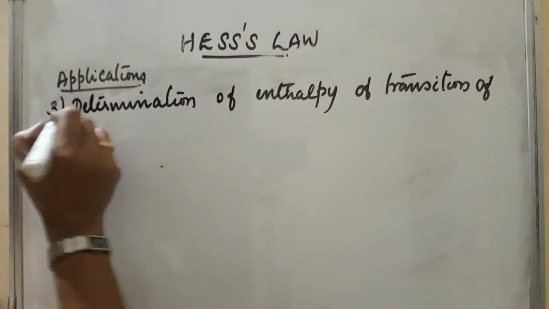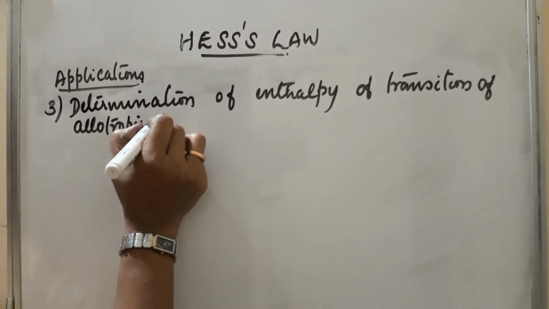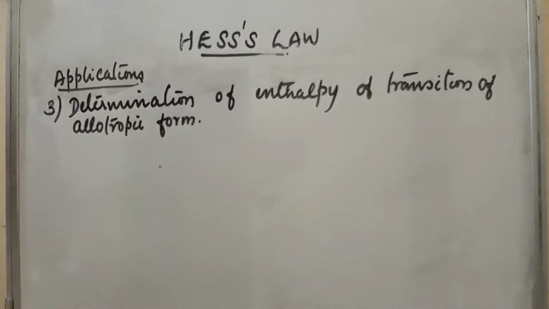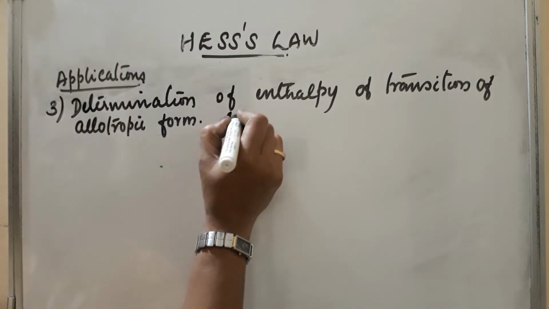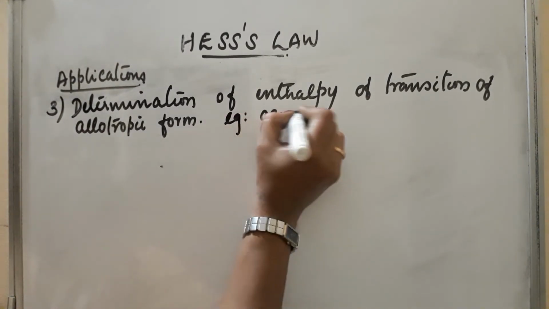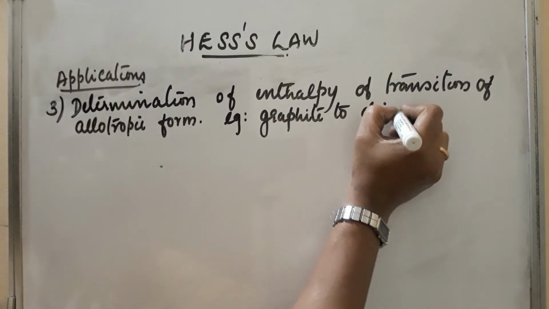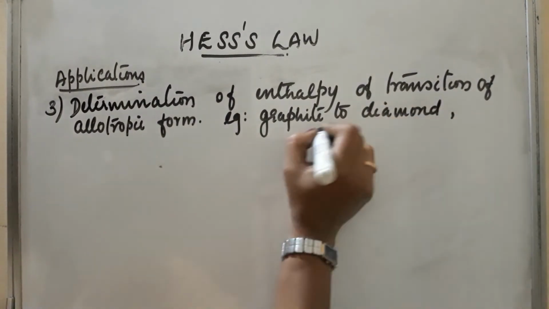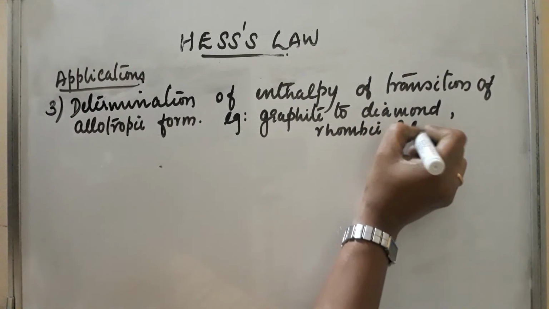Hess's law is also very helpful to calculate the enthalpies of transition of allotropic modifications, such as graphite to diamond, rhombic sulfur to monoclinic sulfur, etc.